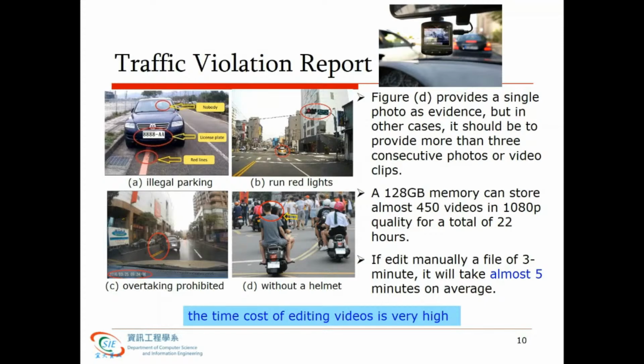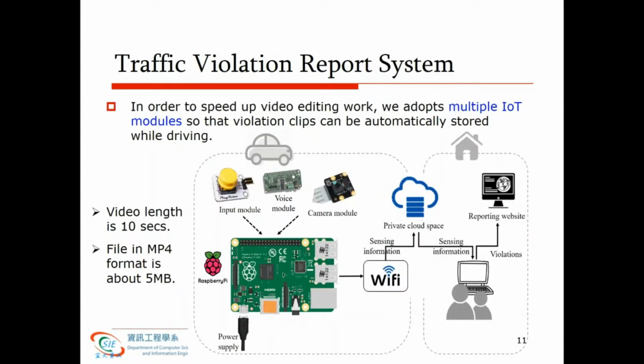The time cost of editing video is very high. In order to speed up the video editing work of traffic reporting, we adopt multiple IoT modules so that violation clips can be automatically stored when driving.